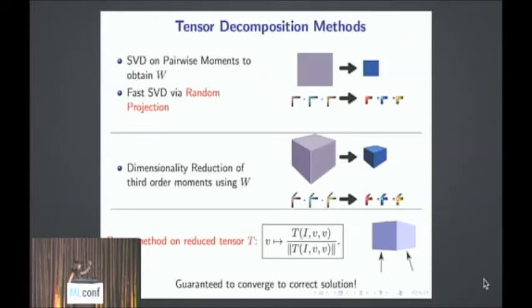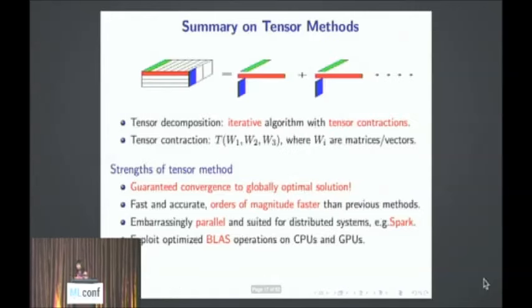The main intuition is we'll first do singular value decomposition on pairwise moments, and we can do this efficiently through random projection tricks. Using this information, we can reduce this big tensor into a much smaller tensor. On this smaller tensor, we can run some iterative methods to get the different components, and then we can go back. So in summary, all these operations are linear algebraic or multilinear algebraic methods.